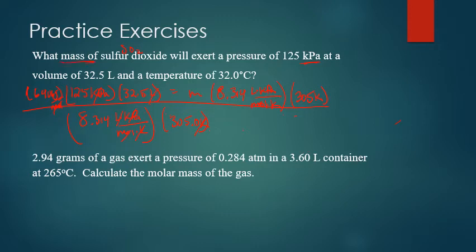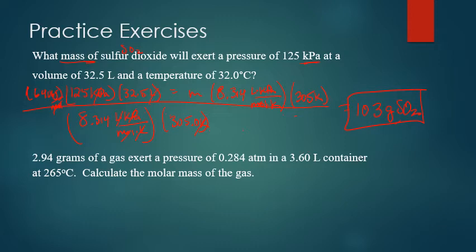So that will leave me just with mass. So I have just the grams from the numerator. So when I plug all of that in, I have a mass of 102.6, and we only have three significant figures, so we'll say that will be 103 grams of SO2.